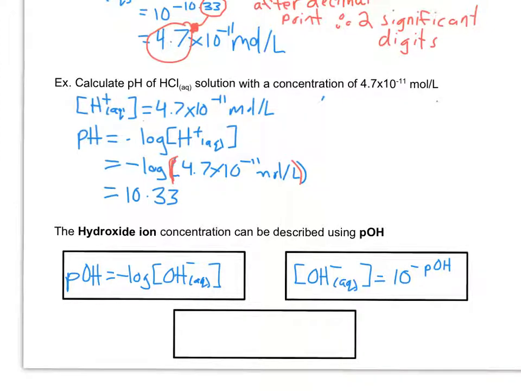And then because when water ionizes, we get equal amounts of hydrogen and hydroxide concentrations, if we did the math and we did the proof, we would see that pH plus pOH of any substance is going to equal 14.00.